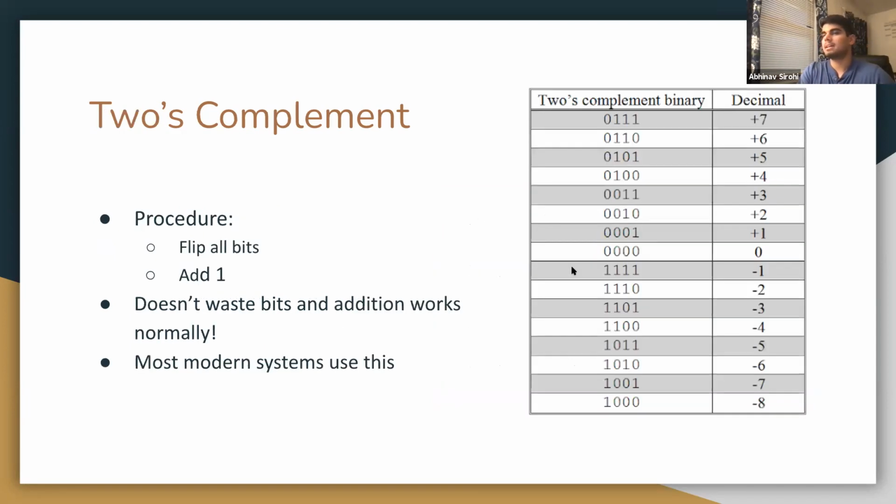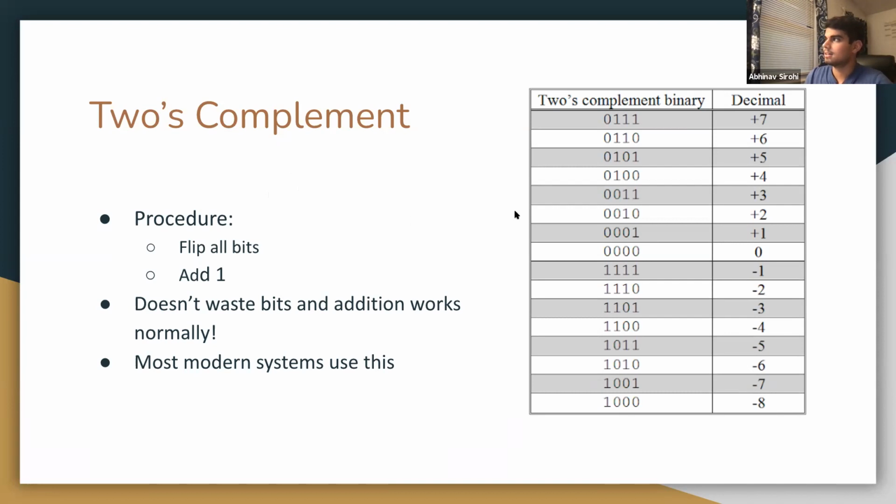And so what most modern systems use now is 2's complement, which is a lot better than the other two methods because it doesn't waste bits and addition works normally. So everything works pretty well using this method. The procedure for this method is you take a binary number, flip all the bits, and add 1.